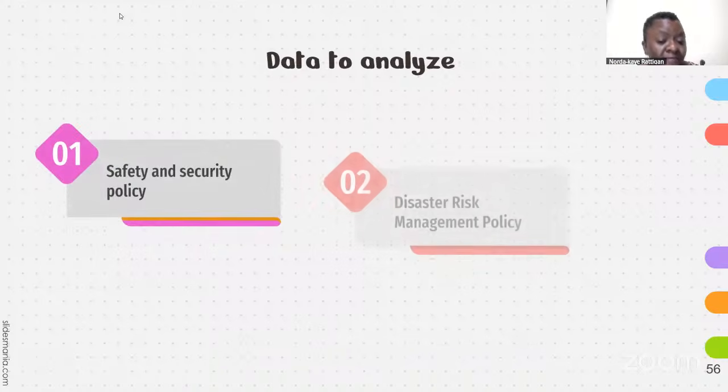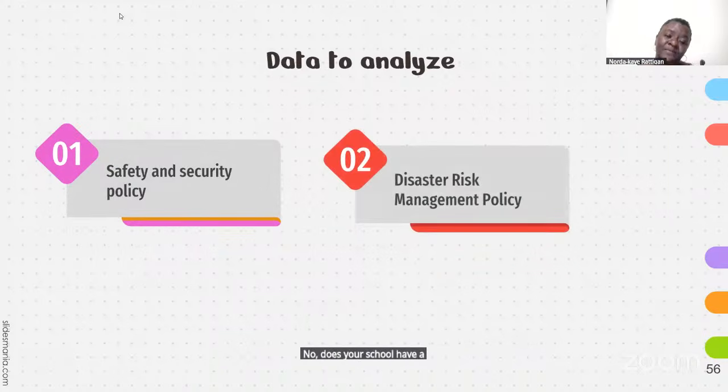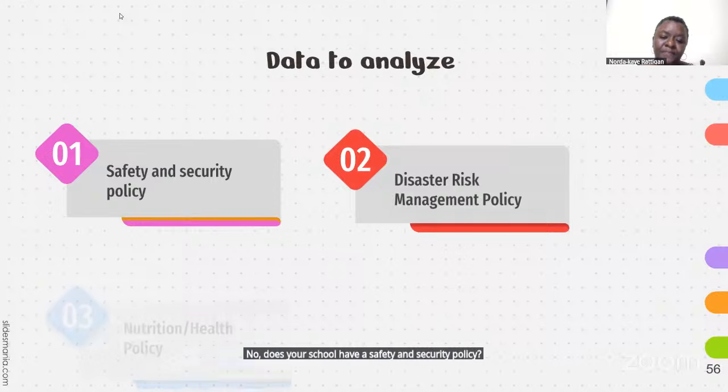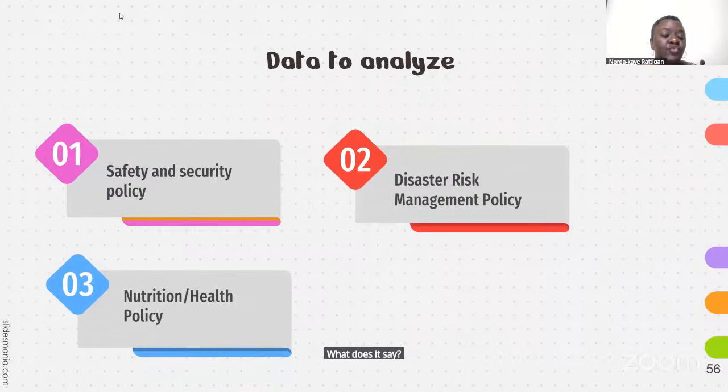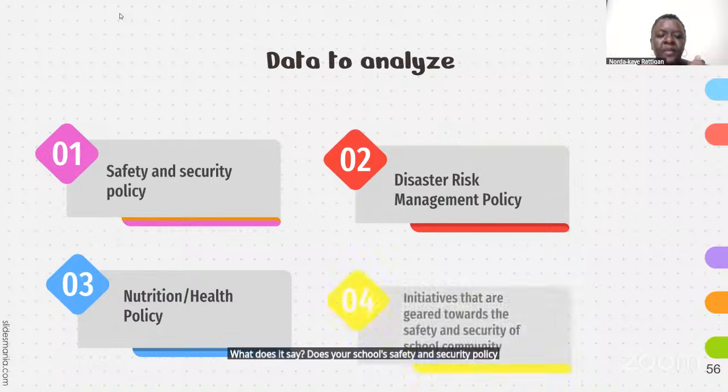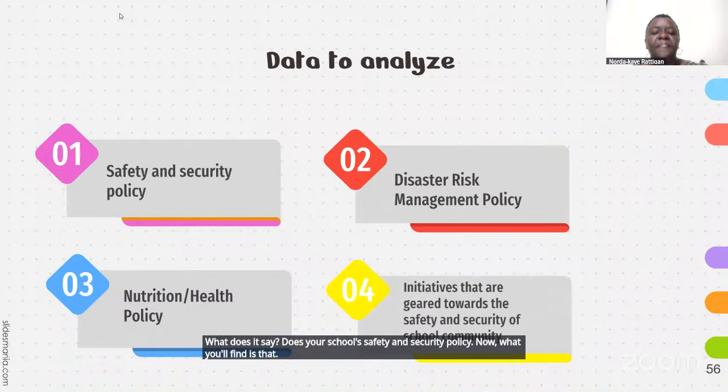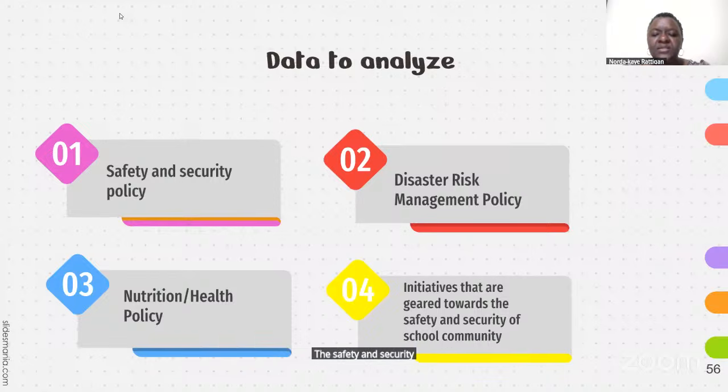Now, does your school have a safety and security policy? What does it say? What you'll find is that the safety and security policy will intertwine with the disaster risk management policy in some ways. So, for instance, are you having drills at school?